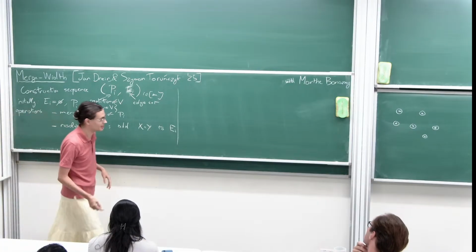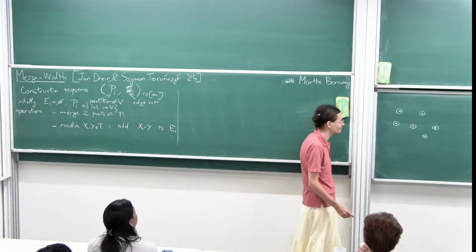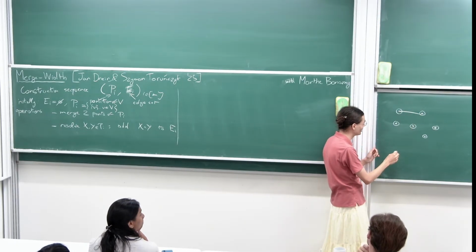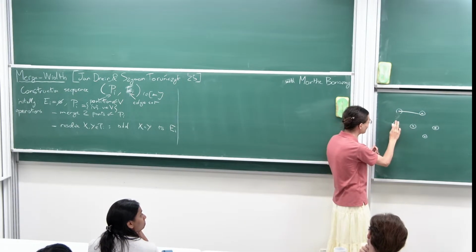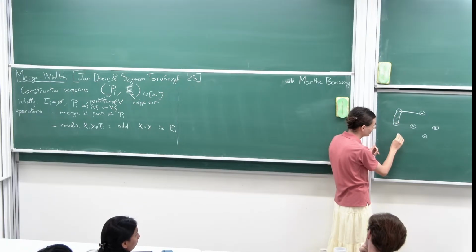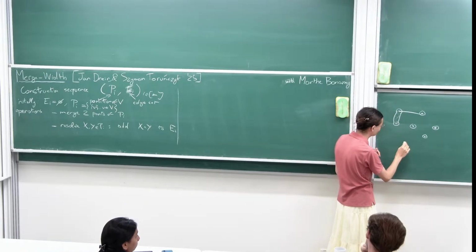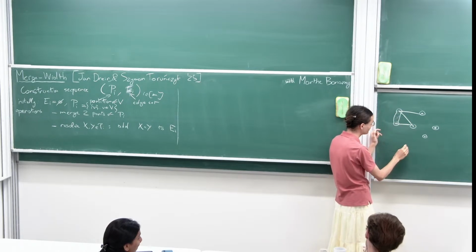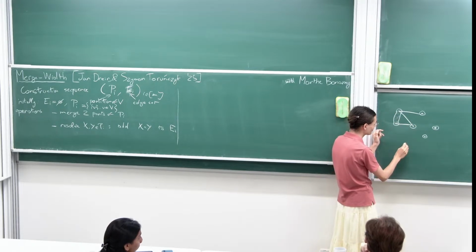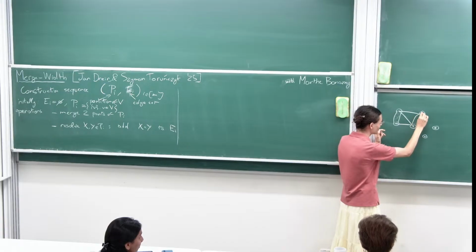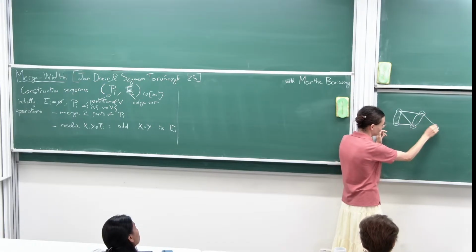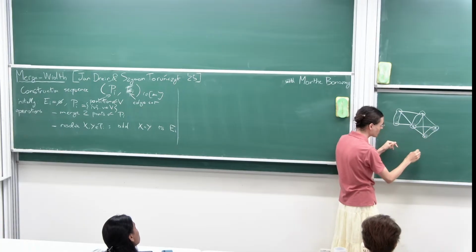Okay, so for example, I could take two parts and add every edge between them. Okay, that's just one. Then maybe merge these two parts together. Add edges between these two, so now it will look like that. Merge this, add the edges between them.